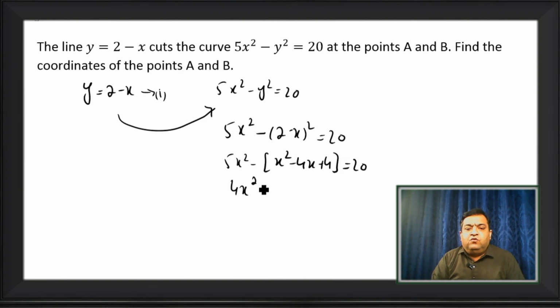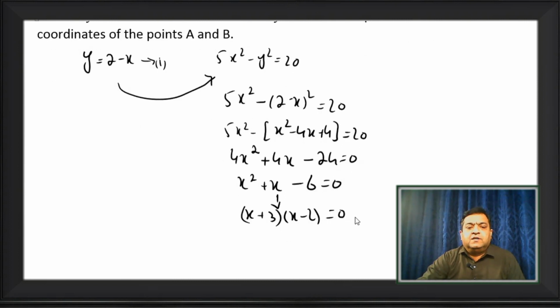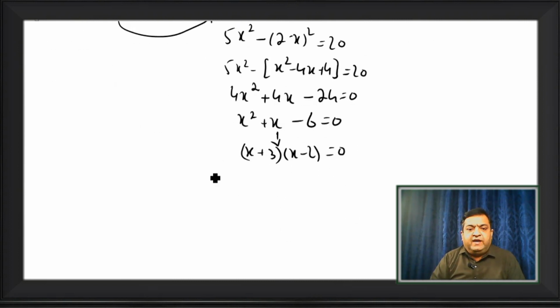Ultimately, we will get 4x square plus 4x minus 24 is equal to 0, or x square plus x minus 6 is equal to 0. By factorization, we will get (x plus 3) into (x minus 2) is equal to 0. We got two values, x is equal to 2 and x is equal to minus 3.